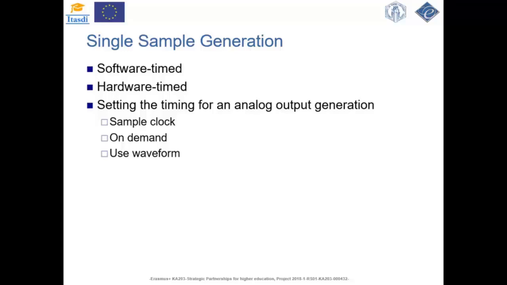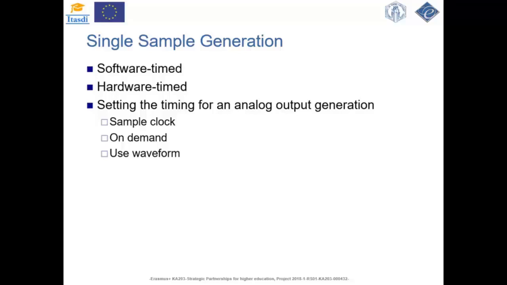The timing VI has several modes for setting the timing for an analog output generation. If we select the sample clock instance of the timing VI, we are telling the DAQmx to use the sample clock from the DAQ device to control the generation.